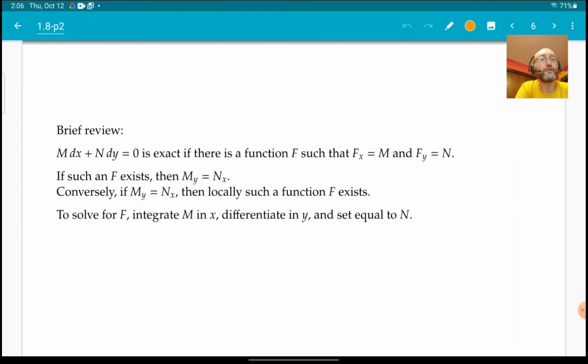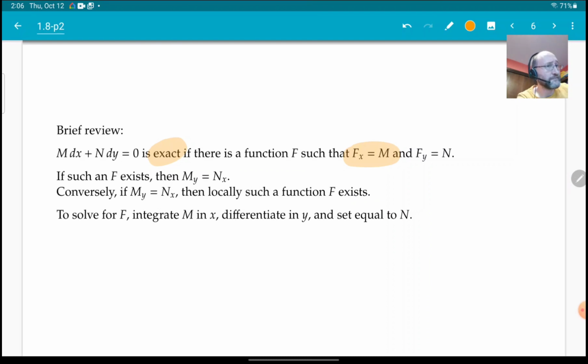So to find this F, first, if it's exact, if this is going to work, you integrate M, because you have that F sub x is M, so you integrate M in terms of x. That doesn't quite solve everything.